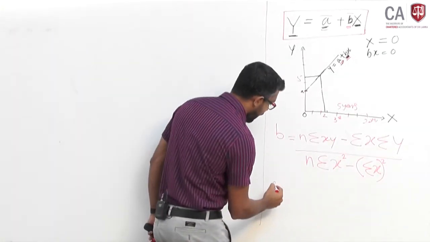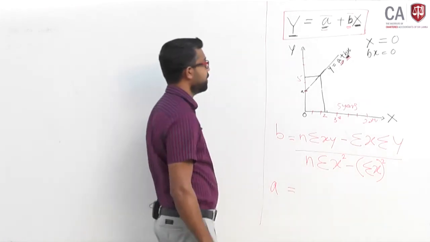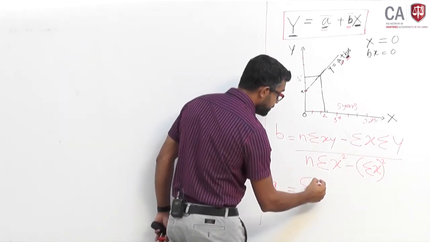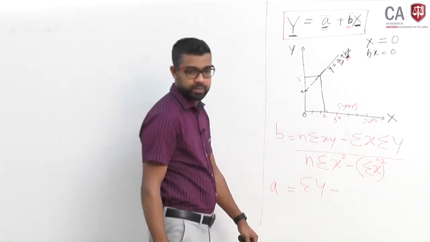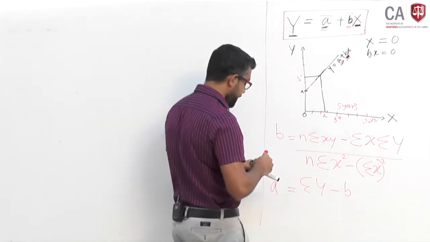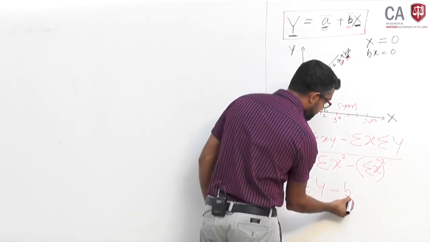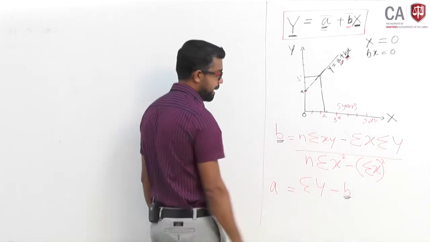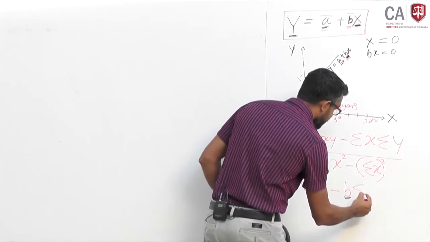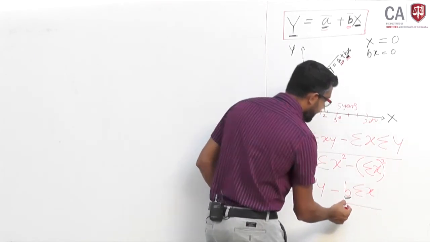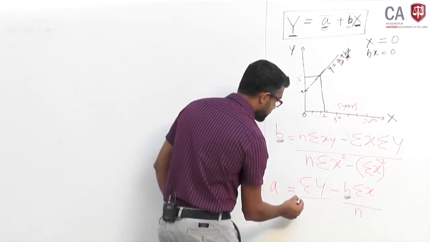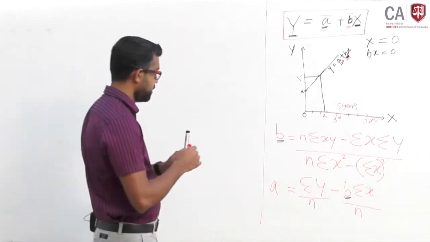Right? How do you figure out a from this equation? Sum of y values minus b into sum of x, divided by n, the number of variables, n, here also n. You have figured out b in the first equation, apply that.